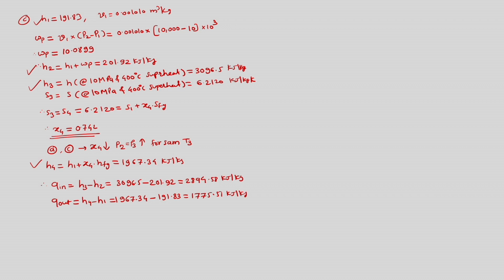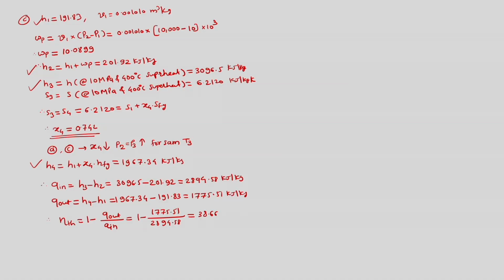So Q out is 1775.51 kilojoule per kg. We have thermal efficiency as 1 minus Q out upon Q in, which is 1 minus 1775.51 divided by 2894.58, and this gives us efficiency as 38.66%. So this is our efficiency.